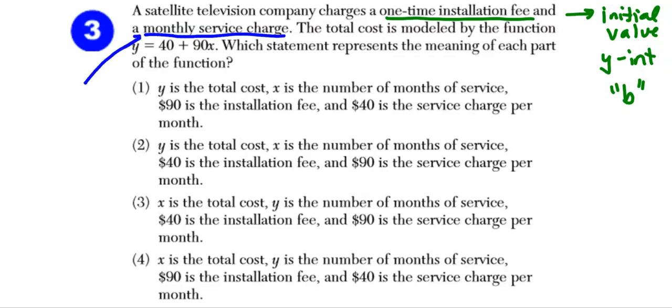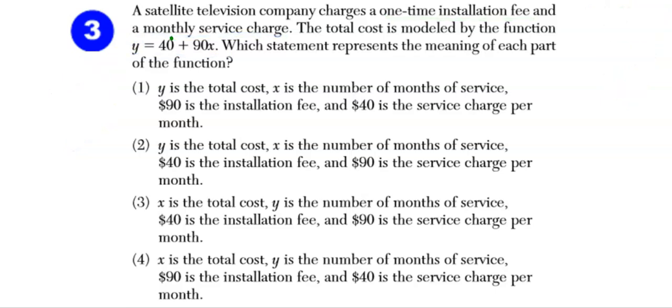Now, if it happens every month, per month, that would be the slope or the rate of change. The total cost can be modeled by this function, y equals 40 plus 90x. So it's important for you to know that the y-intercept is the constant and the rate of change is the coefficient of x.